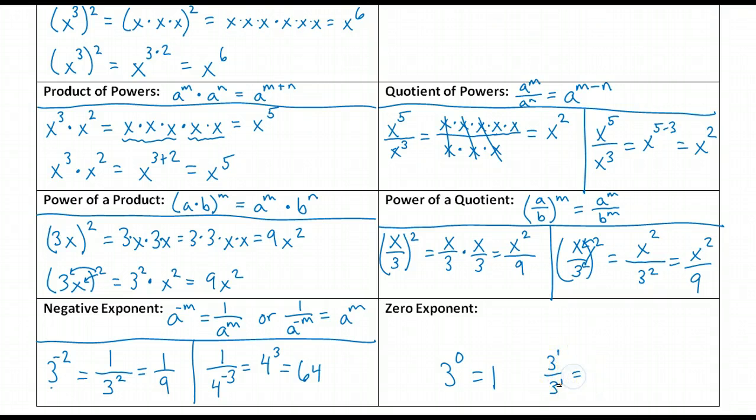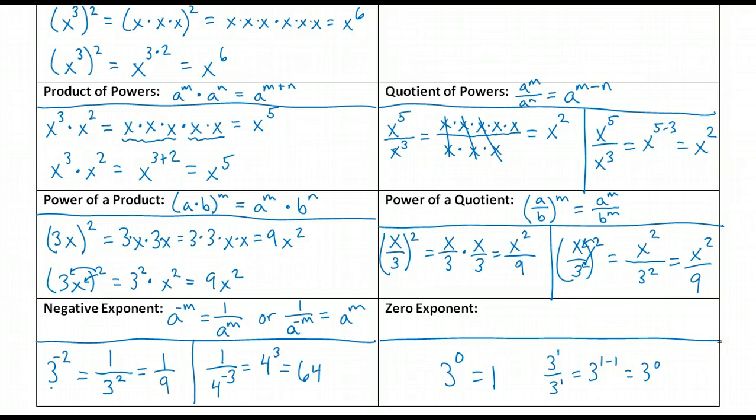Because 3 to the first over 3 to the first, if I use the quotient of powers property, is 3 to the 1 minus 1, which is 3 to the 0 power. So 3 to the 0 power isn't 0, it's actually 1, because 3 over 3 is 1.